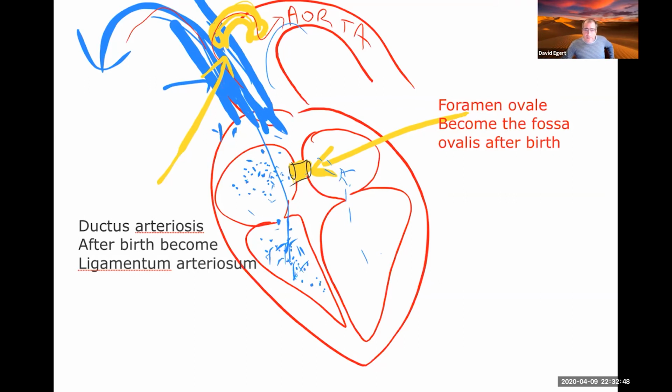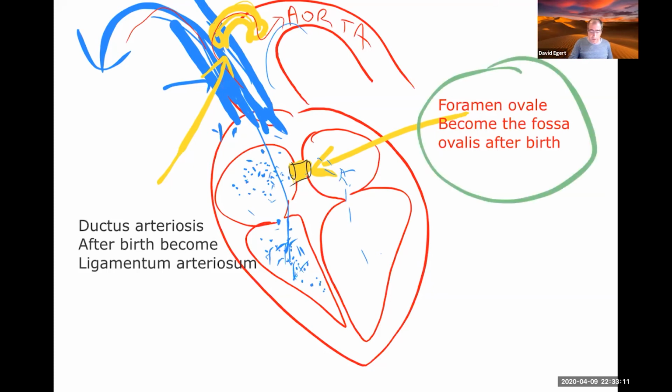So that is the main stuff you should know. There is also another thing, a bypass in the liver that's hard to see, the ductus venosus. But you should definitely know that the fetal heart has a foramen ovale, which becomes the fossa ovalis, to short circuit the atria.